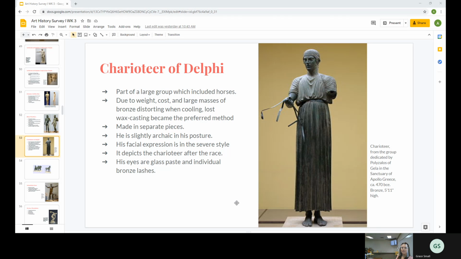Most bronze statues that are this large would have had to have been made using the lost wax casting method, which is the idea of making a plaster cast, but plaster is not durable enough to heat up bronze in because it would melt.